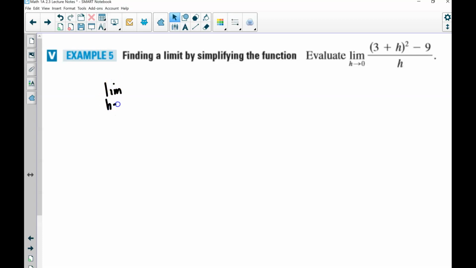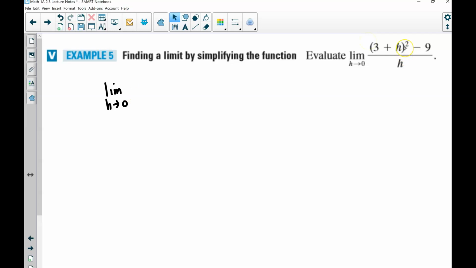as h approaches 0. Before we do anything, before we use our division rules or our quotient rules, let's expand (3 plus h) squared because we know that we need to multiply that out in order for us to be able to simplify this limit.